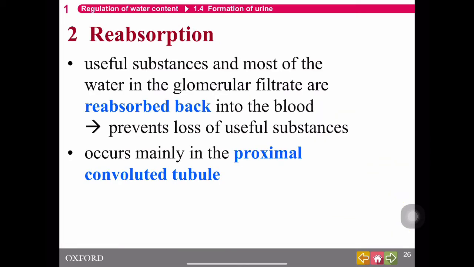So we finished talking about the ultrafiltration taking place between the glomerulus and the Bowman's capsule. Now we will learn about reabsorption.